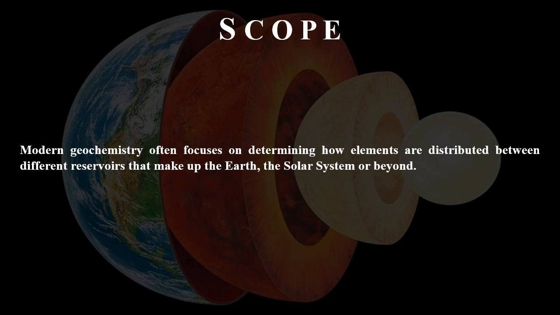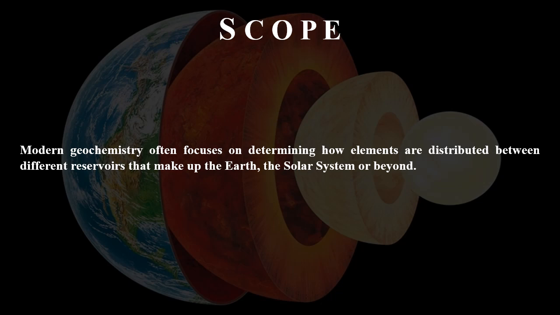So now let's learn the scopes of geochemistry. Modern geochemistry often focuses on determining how elements are distributed between different reservoirs that make up the Earth and the solar system or beyond. However, its ultimate goal is identification and in-depth understanding of the mechanisms by which these chemical reservoirs form and evolve, thus improving our understanding of how the earth works as a geochemical system.